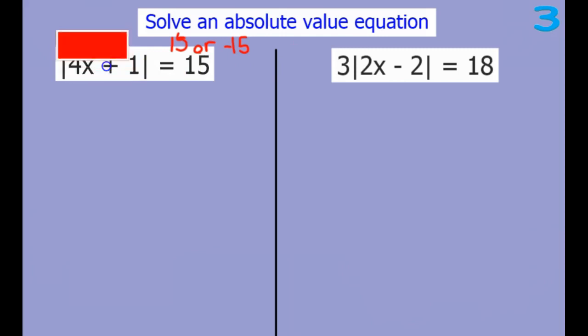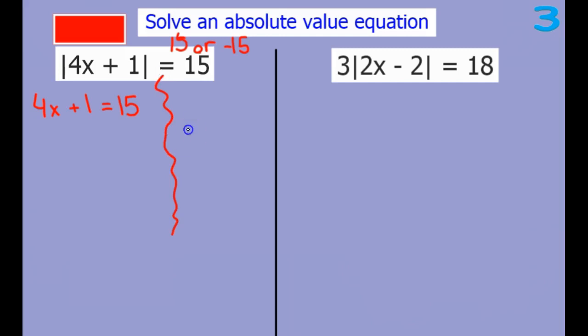So if we create 2 problems, we would have 4x plus 1 equals 15, or 4x plus 1 equals negative 15.